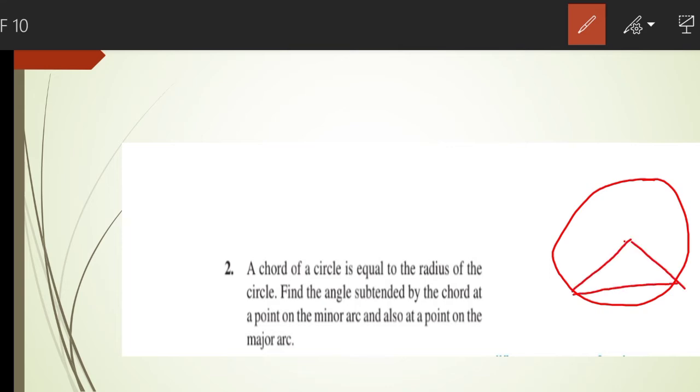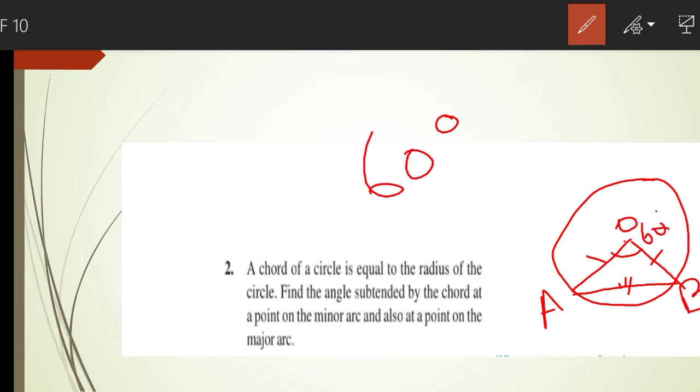That means OA is the radius, OB is also the radius, and OA, OB is equal to AB. So all the three sides of this triangle are equal. Since we are getting an equilateral triangle, all the angles in an equilateral triangle are 60 degrees. So the angle at the center is 60 degrees.